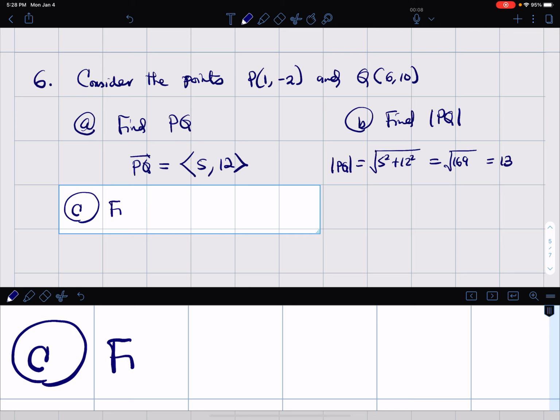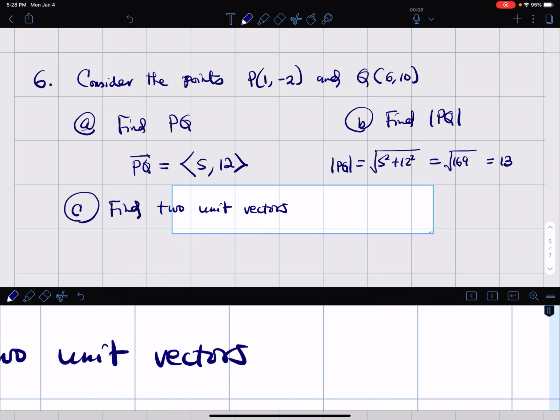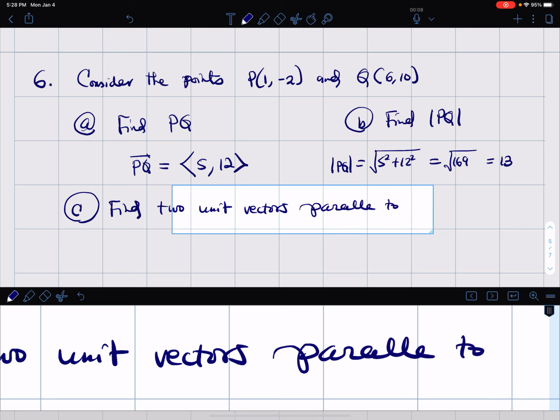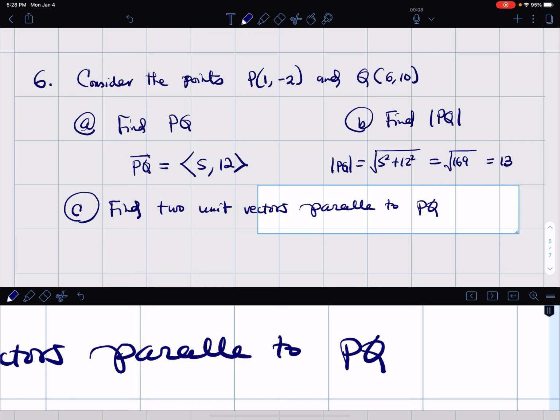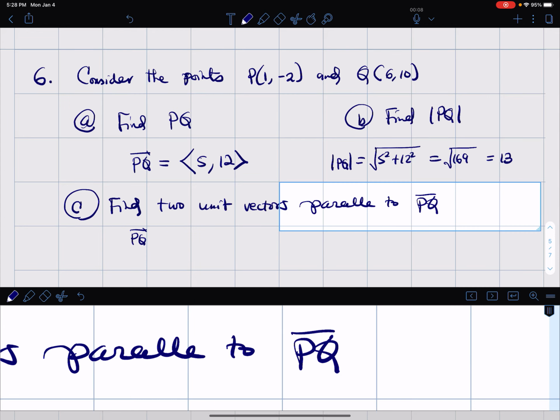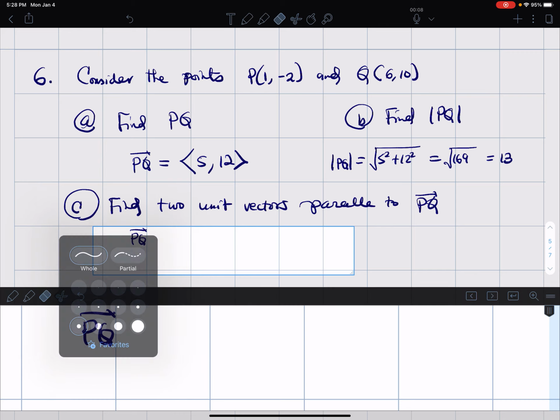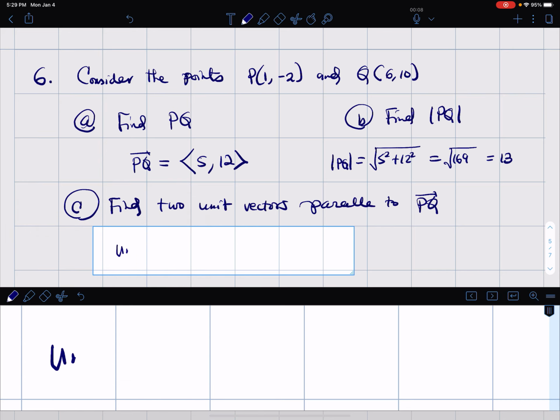All right, C. We want to find two unit vectors parallel to PQ. So all we have to do is take the vector PQ over its magnitude.